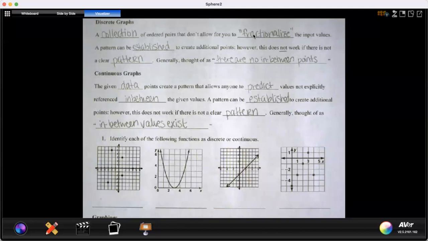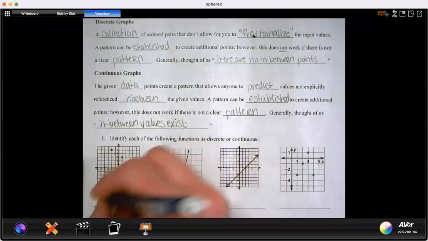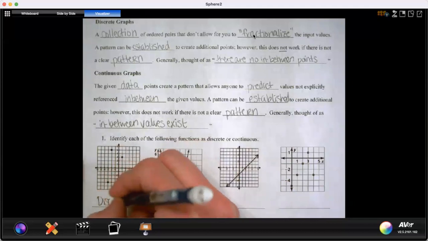So when we think about that and look at that, number one is going to be discrete. There's distinct points provided, okay, but there's no in-between points, okay? The points that we are given are the only ones that exist. So this would be discrete.